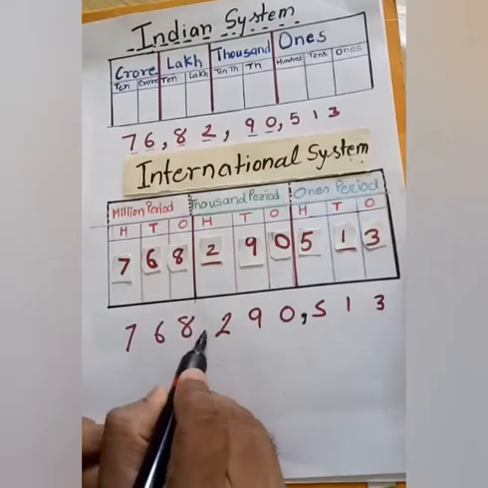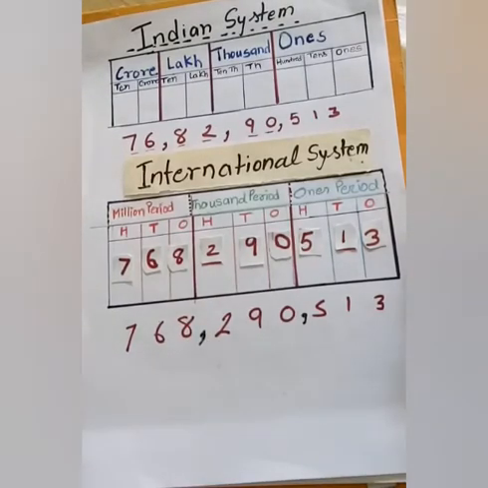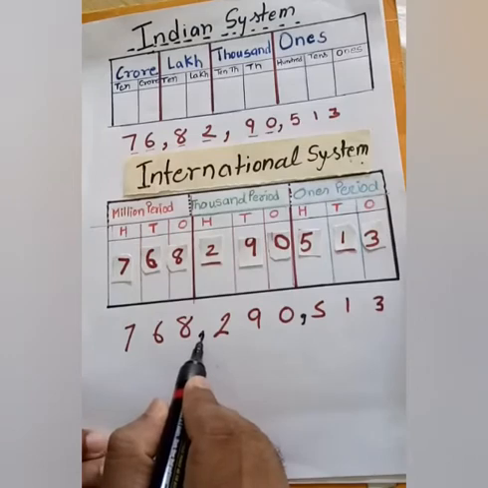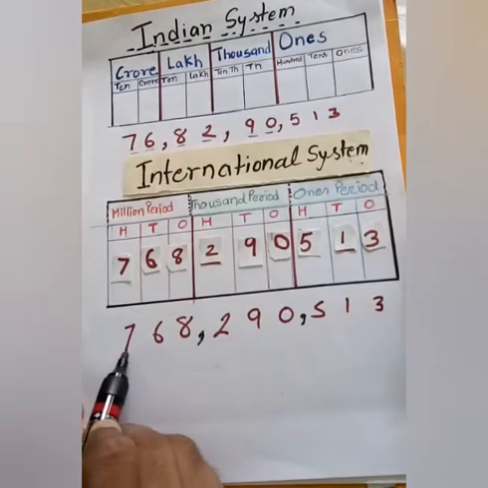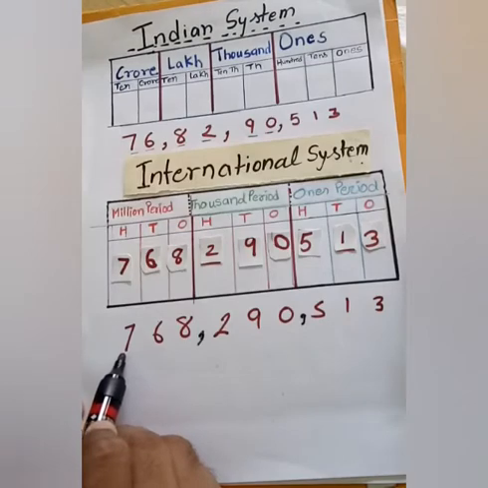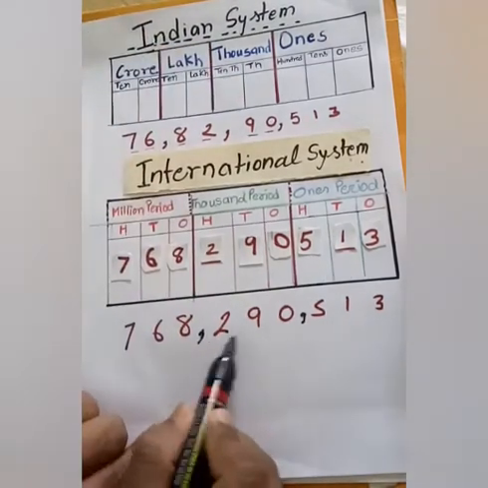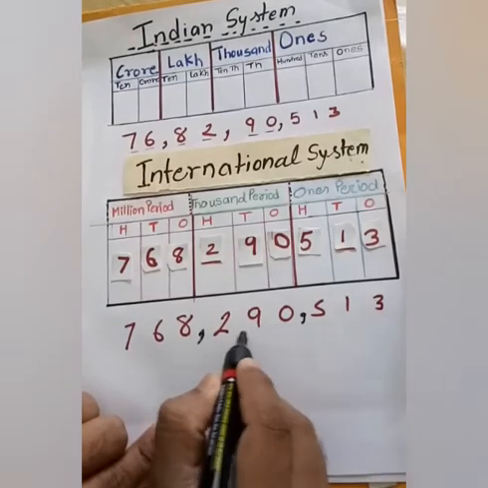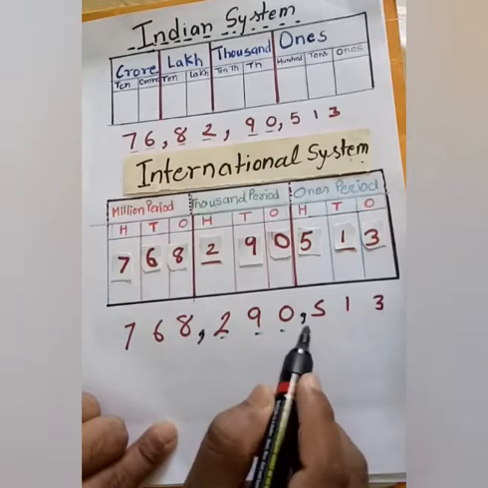So in the international system we need to put these commas after 3 digits, and here we get 3 digits again for millions. So this is the million which contains hundreds, tens and ones. This is thousands which contains hundreds, tens and ones.